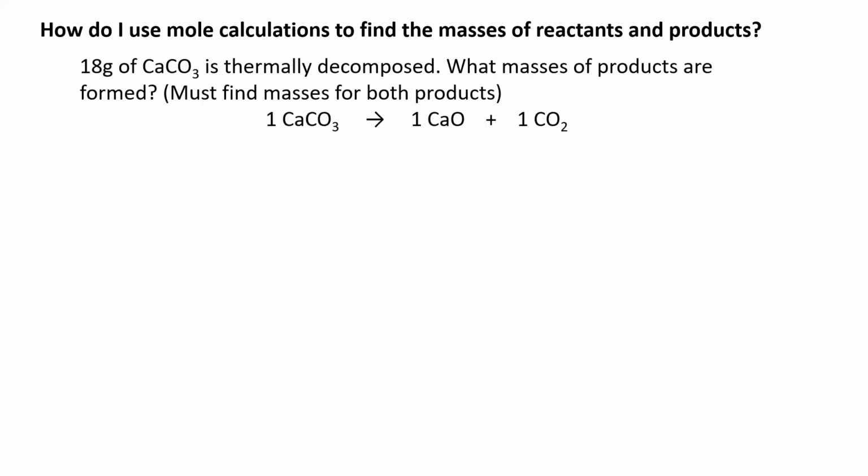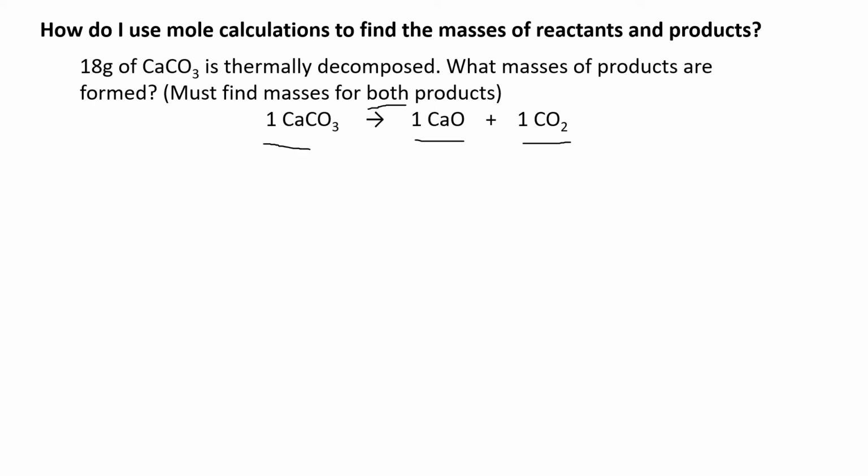The third question states 18 grams of calcium carbonate is thermally decomposed. What masses of products are formed? Here we need to find the masses of both products, therefore that's CaO and carbon dioxide, calcium oxide and carbon dioxide. So you start with first balancing the equation.